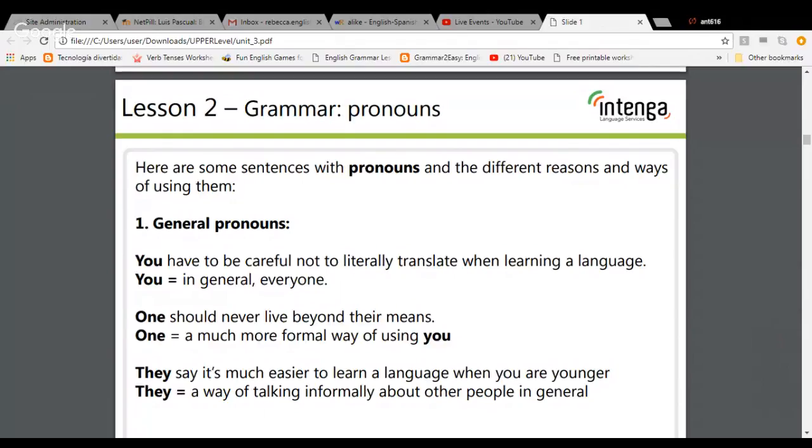One should never live beyond their means. One equals to a much more formal way of using you. They say it's much easier to learn a language when you're younger. They equal to a way of talking informally about other people in general.